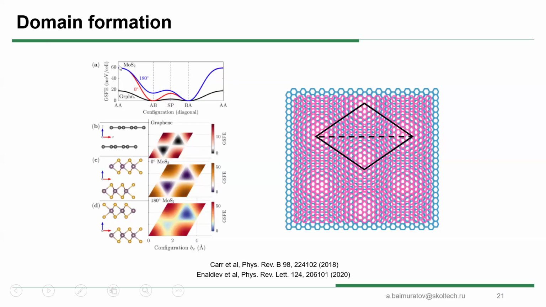And here you see that some of the stackings will be more optimal. You can calculate this adhesion energy, and you can find that some of the stackings are optimal. This happens first for graphene, and in transition metal dichalcogenides you can do absolutely the same and calculate this energy.